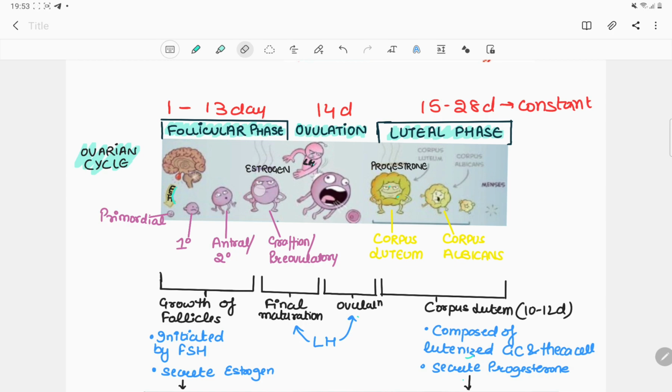This will lead to release of estrogen, and the estrogen peak will lead to the LH surge. Then ovulation will take place, and after ovulation the corpus luteum is formed, and this will release progesterone. If pregnancy doesn't take place, the corpus luteum will regress and the corpus albicans will be formed, and then menses will take place.